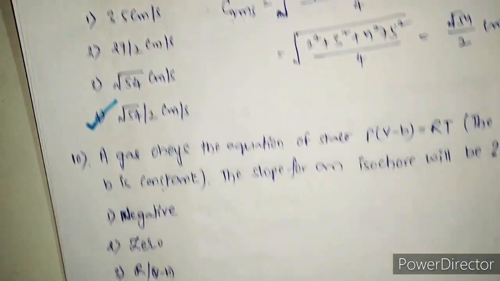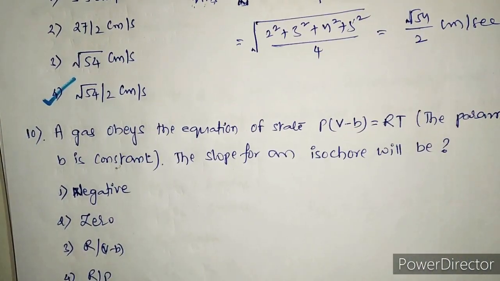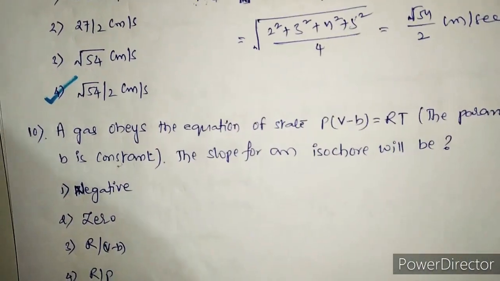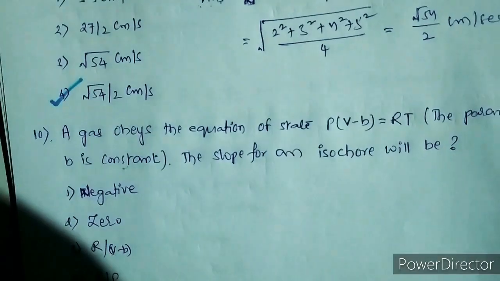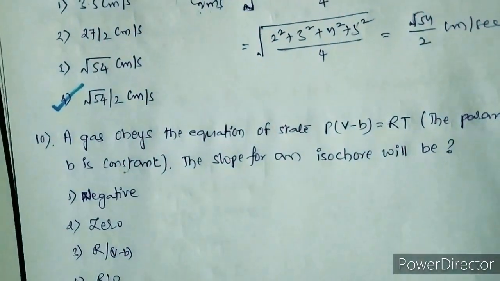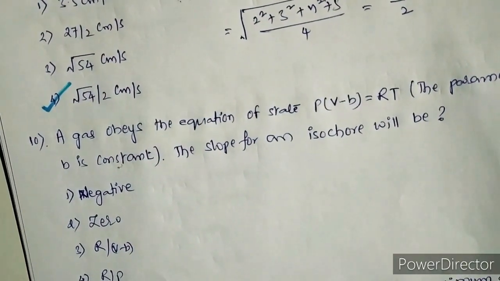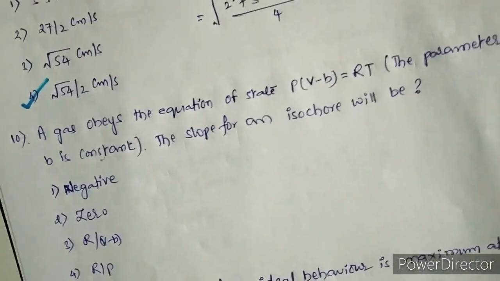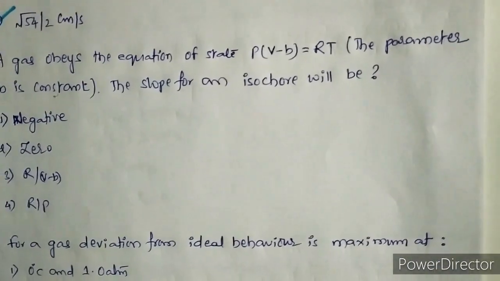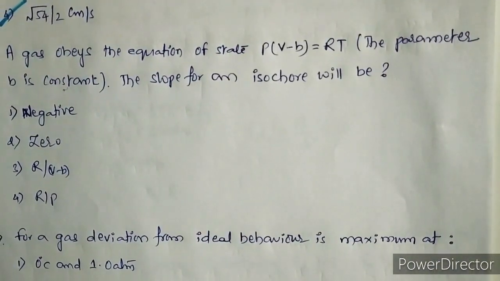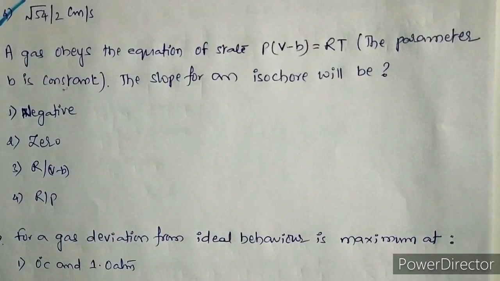Next one. Next, look at this question. A gas obeys equation of state P into V minus B is equal to RT. The parameter B is constant. The slope for an isochore will be.